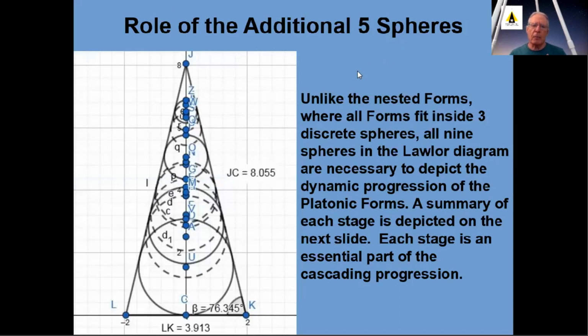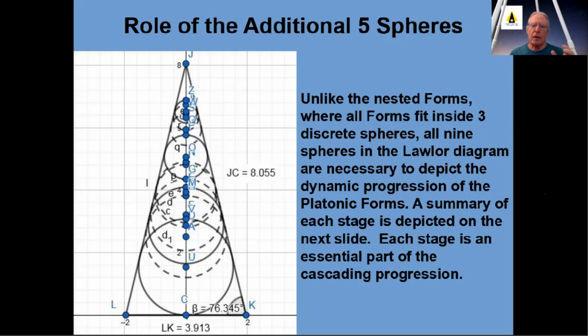Now let's talk about the role of the additional 5 spheres in this process. And this is where I think things really hit home. I've taken the 9 spheres, I've still got the 4 original ones in solids, and the other 5 are the ones with the dotted line designations.